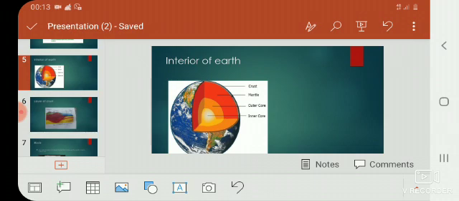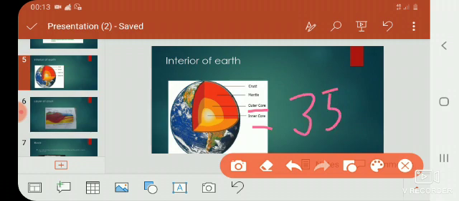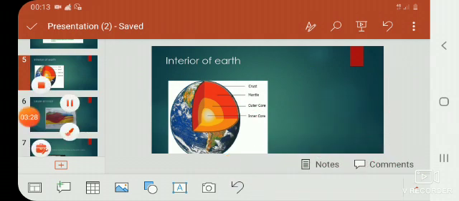After that you can see the innermost part, that is inner core and outer core. It is almost 3500 kilometers, and it is called Nife.